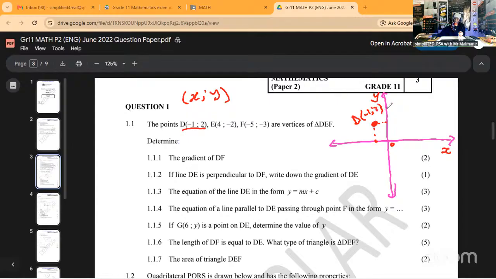I hope I'll have space for the other points. The next one, E, is +4x and -2y.